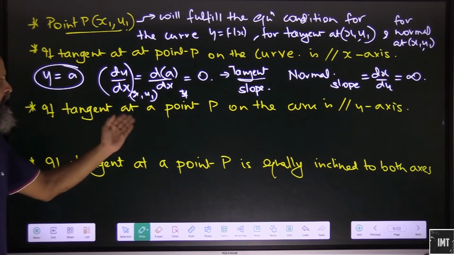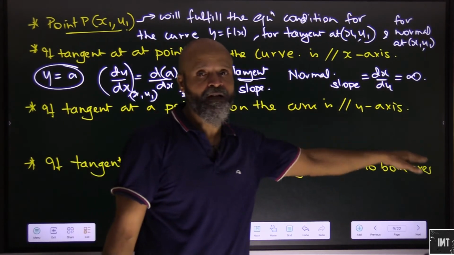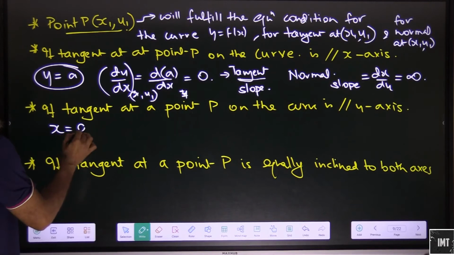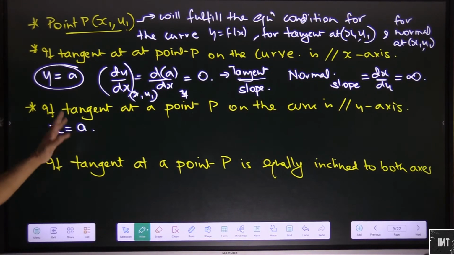If the tangent at a point P on the curve is parallel to the y-axis, we know that for this one we get x equal to a or b, whatever it is.